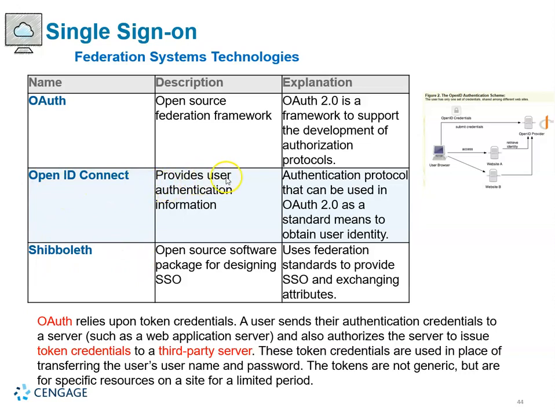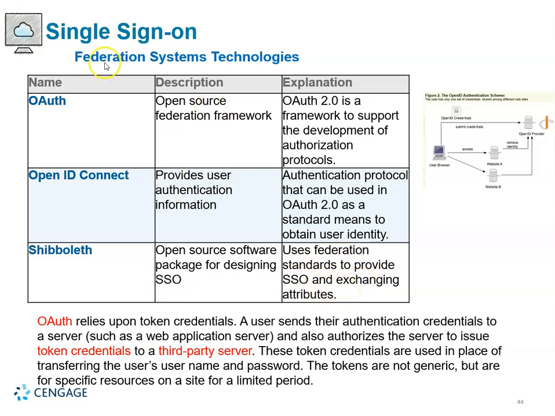In this scenario, we provide user authentication information, and this one is an authentication protocol that can be used in OAuth 2.0 as a standard means to obtain user identity. So it's another method of authentication. And then there's Shibboleth, which is an open source software package. The key words here are open source for designing the single sign-on. It uses federation standards to provide SSO and exchanging attributes.